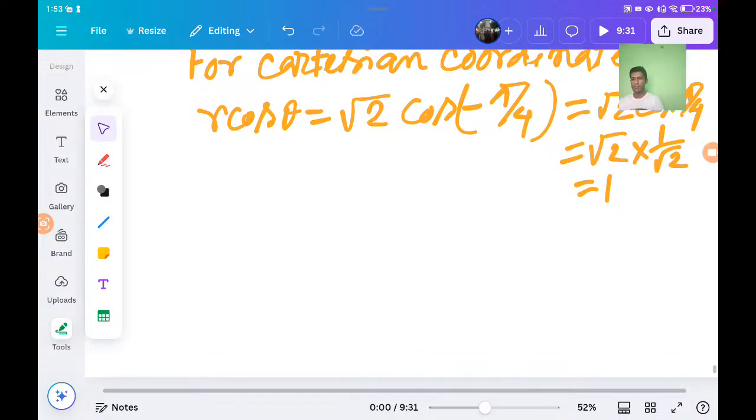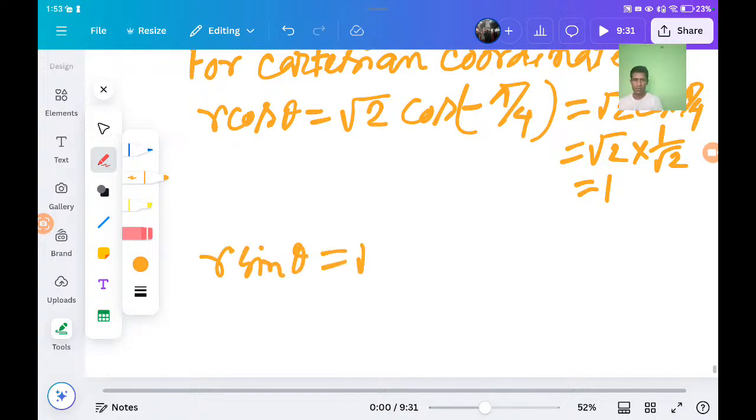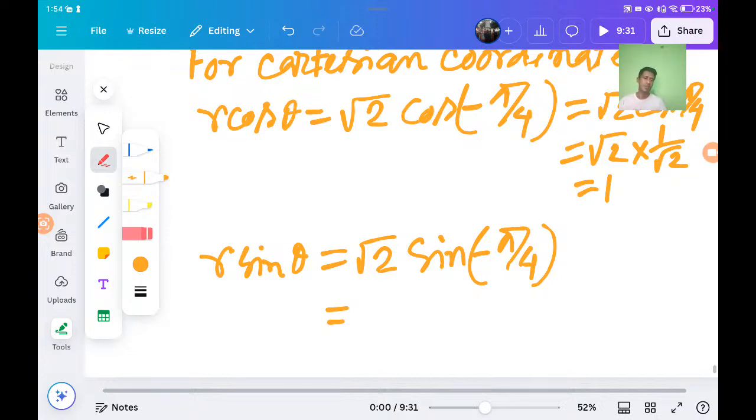Now r sin theta equals root 2 sine minus pi by 4. Here is an interesting thing: sine minus pi by 4 equals minus sine pi by 4.